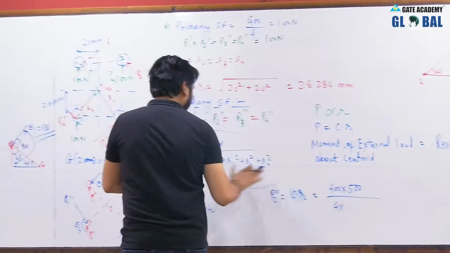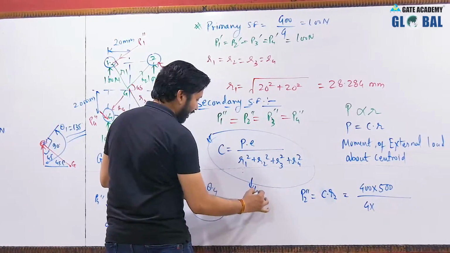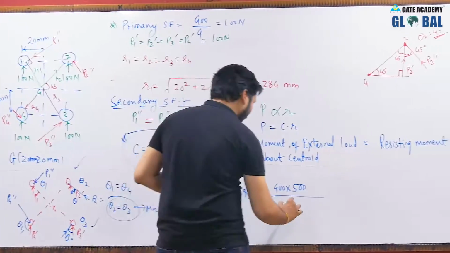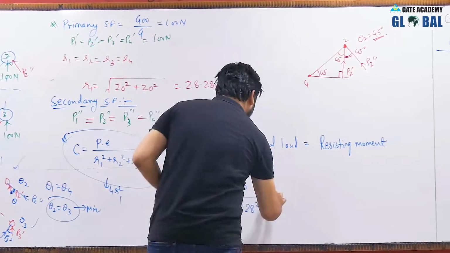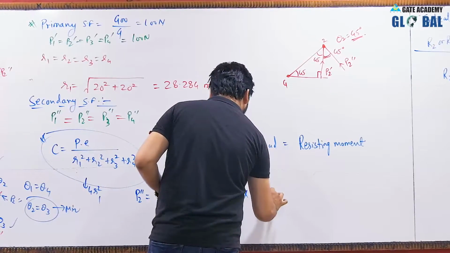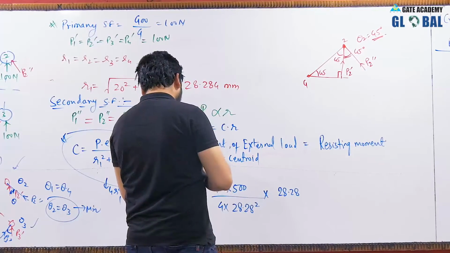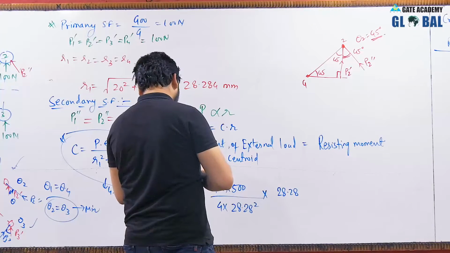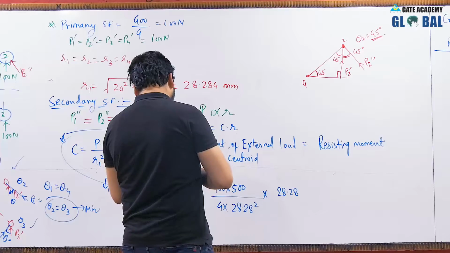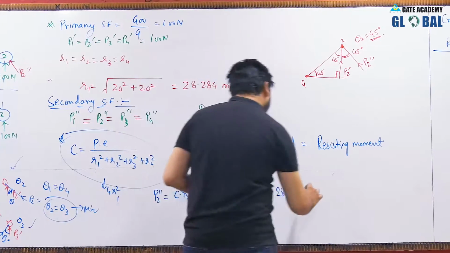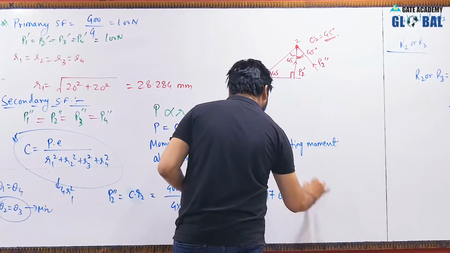All the values of R are equal, so we will get 4 R1 square, that is 4 times 28.28 square, multiplied by R2, that is 28.28. So this will be 400 into 500 divided by 4 into 28.28 square into 28.28, which is 1768.03 Newton. This is the secondary shear force.